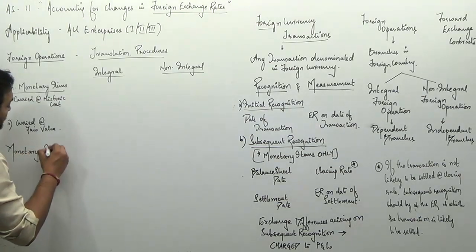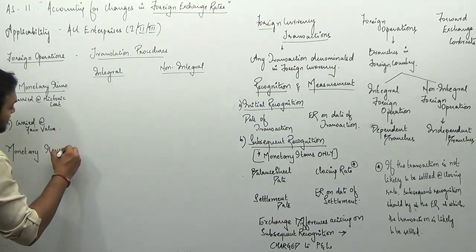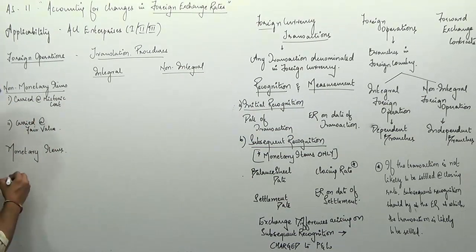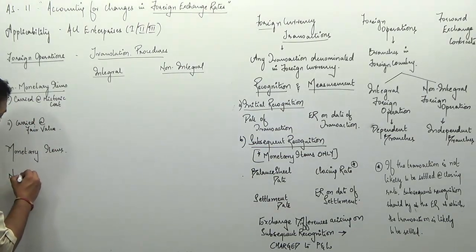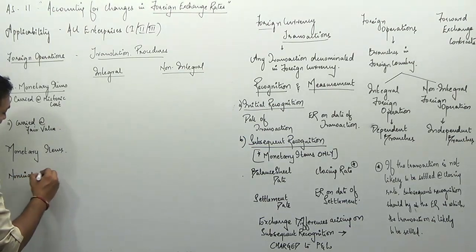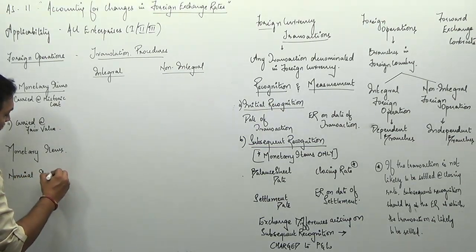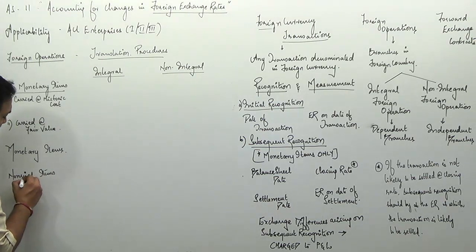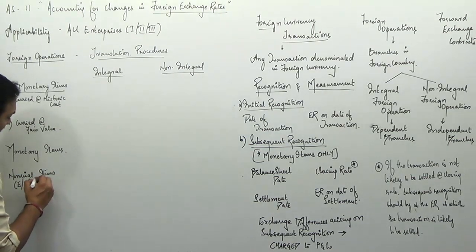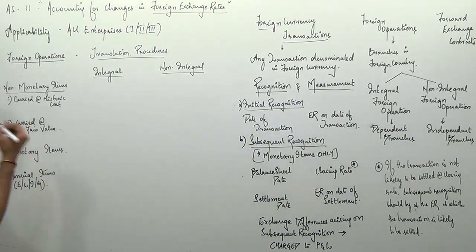Then the monetary items, which are nothing but the personal accounts. And finally, nominal items in the trial balance. Nominal items are exchange losses, incomes and gains.